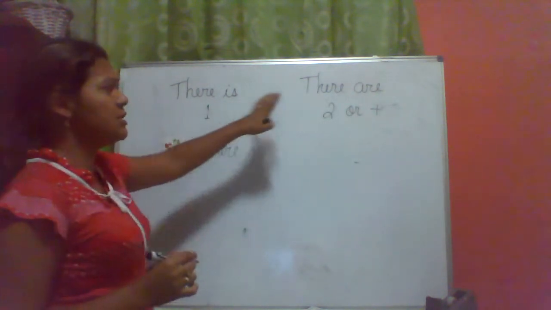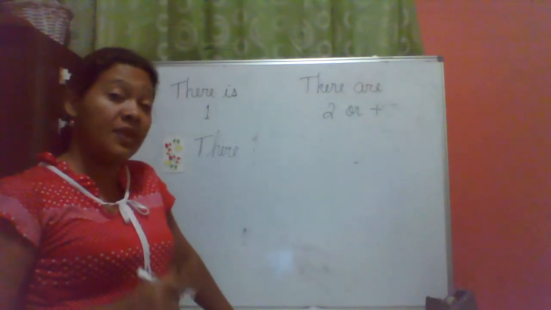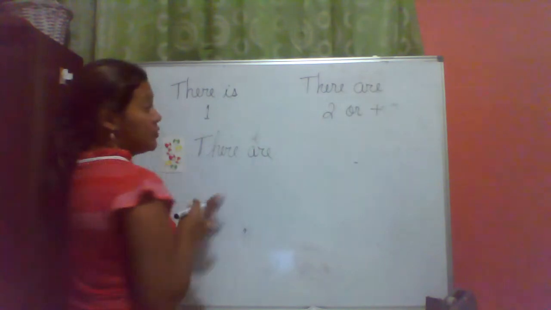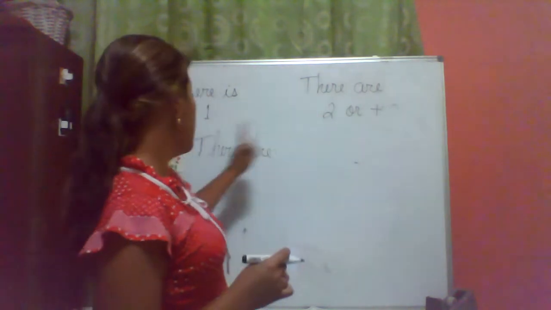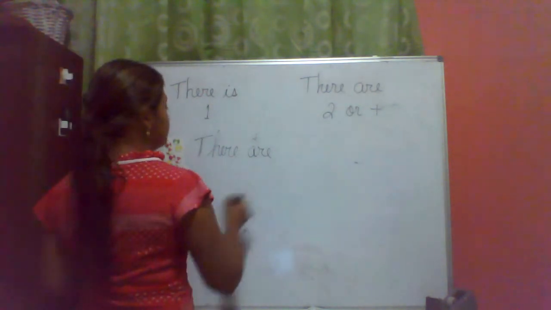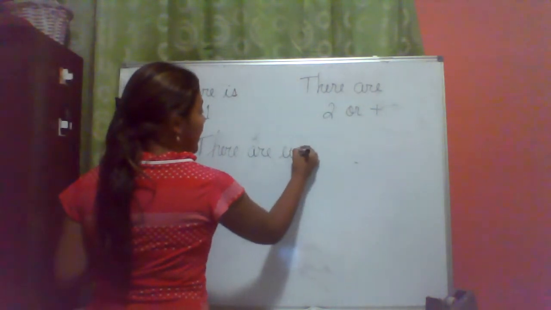There is or there are? There are, because we have more than 2. We have 8 balls. There are 8.